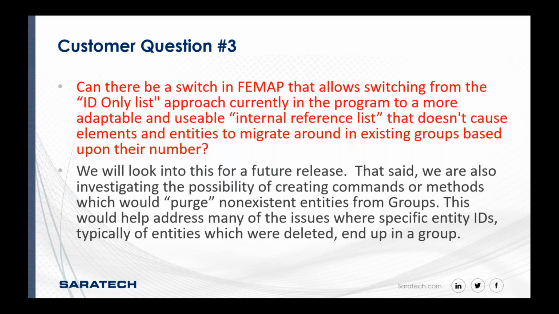You can have those in your groups, whether they're element IDs or node IDs, from beforehand, and then as you create these entities inside FEMAP, they'll already be in these predefined groups that you have.